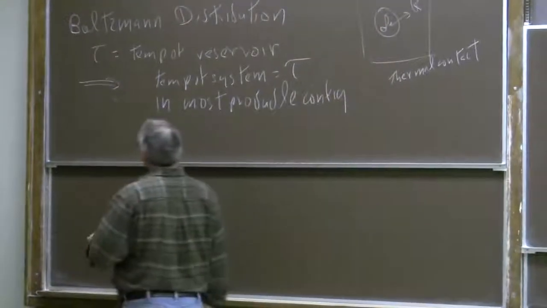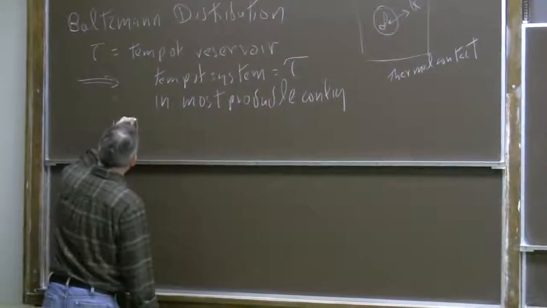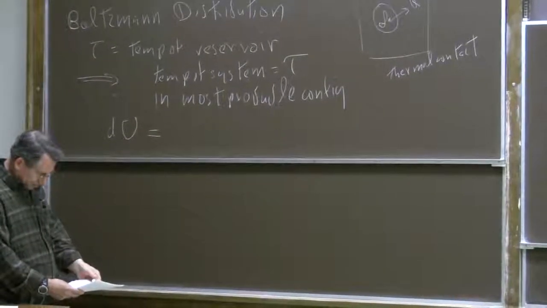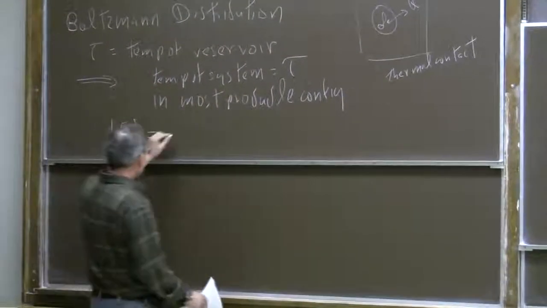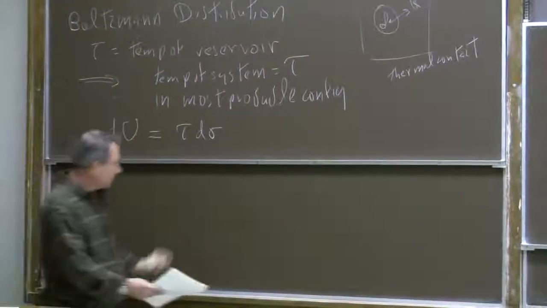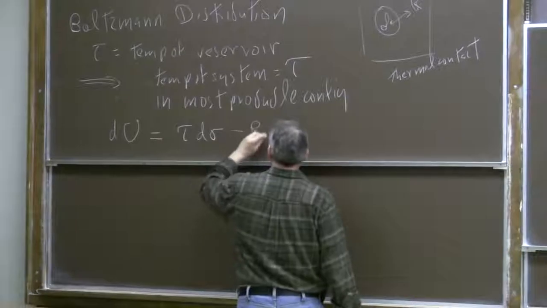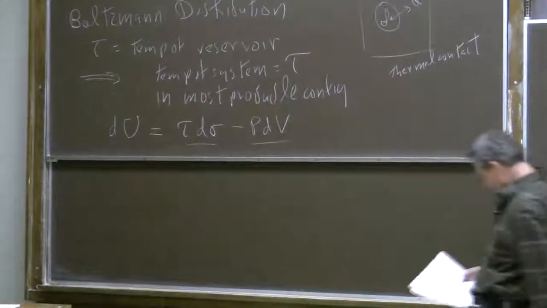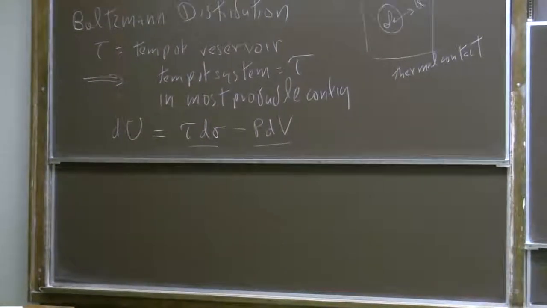We talked about the thermodynamic identity, which relates the change in the energy of a system to heat flow, tau times change in entropy, and work done. We also talked about free energy.